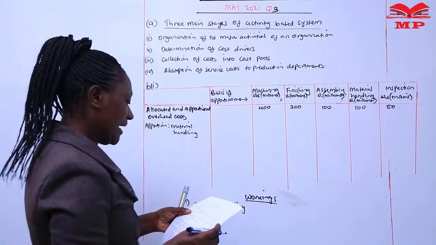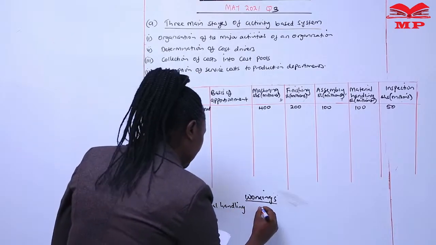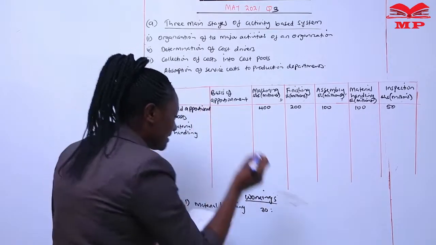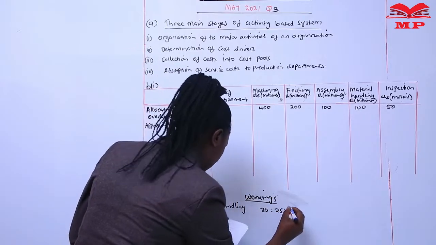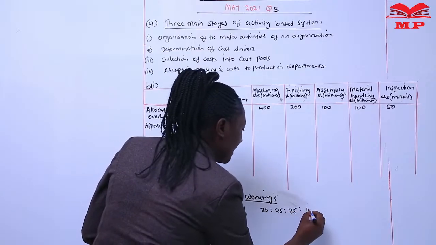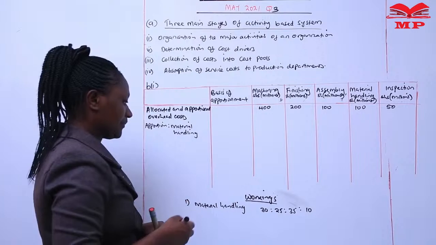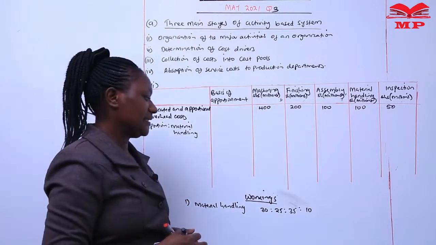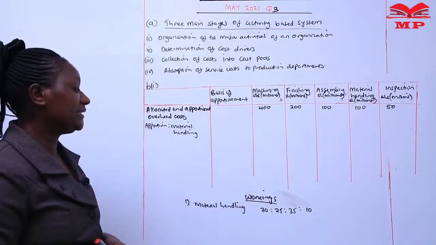So material handling is providing 30%. We have the ratio of 30% to 25% to 35% to 10%. 30 to 25 to 35 to 10.